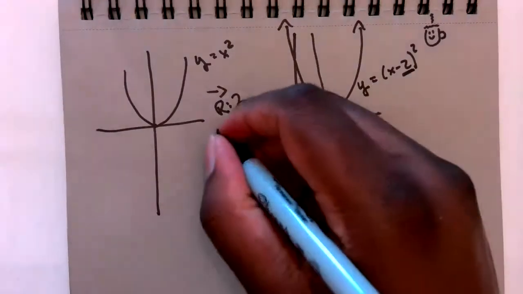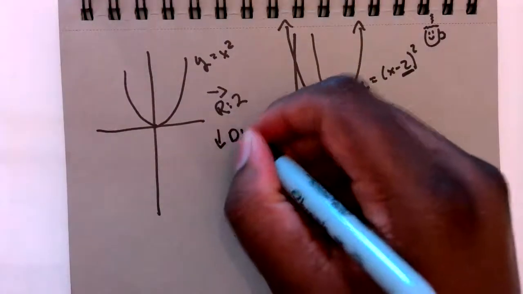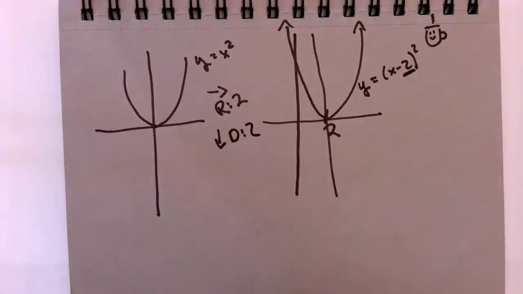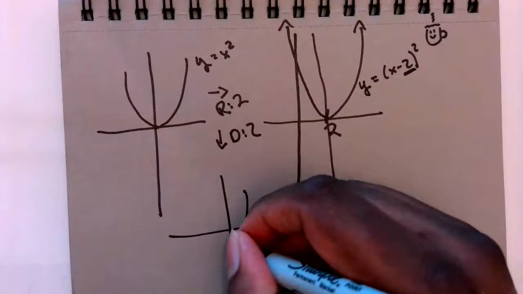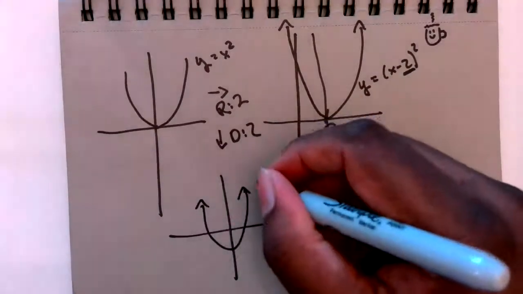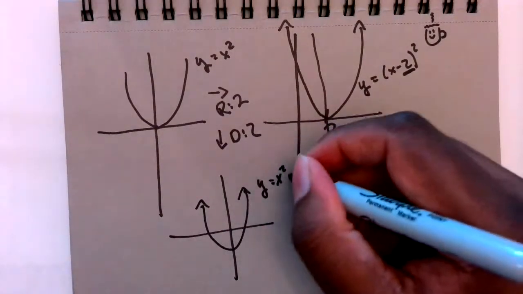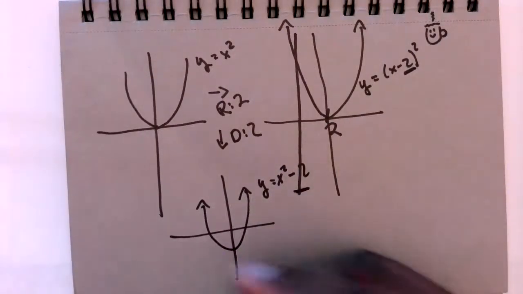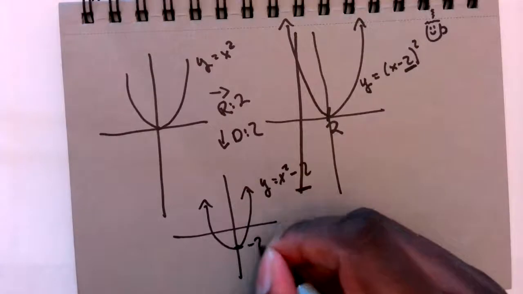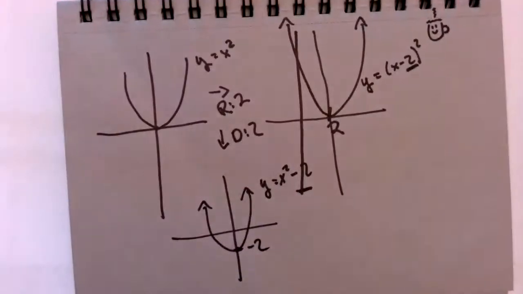If I wanted to shift it down 2 units, then you could do y equals x squared minus 2. But notice now the minus 2 is on the outside. So this is negative 2. All right?